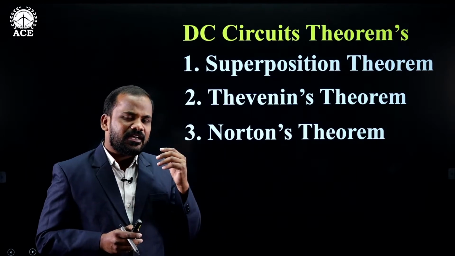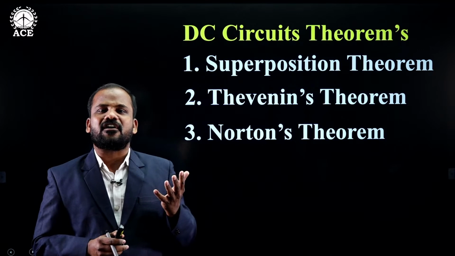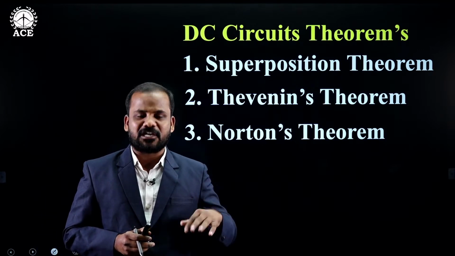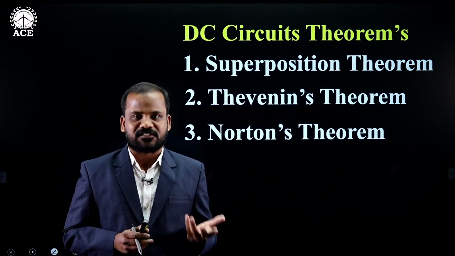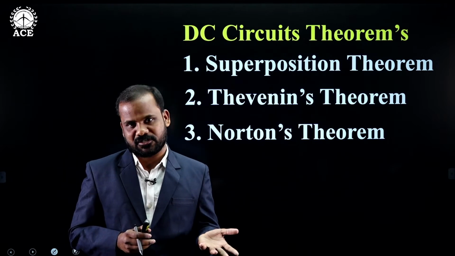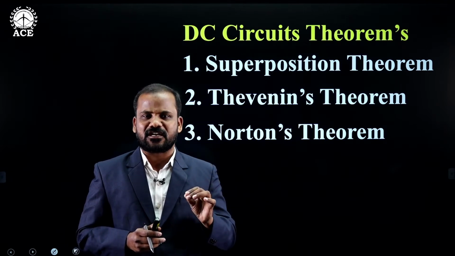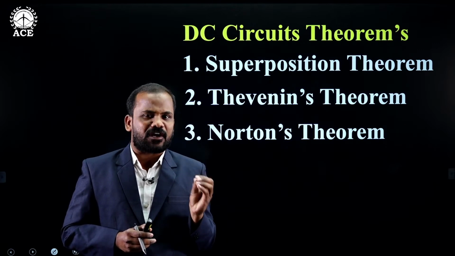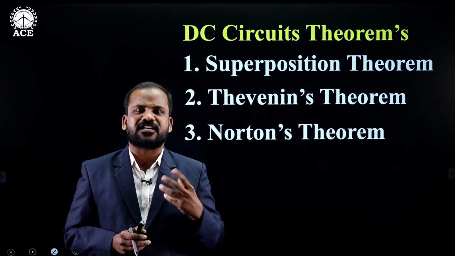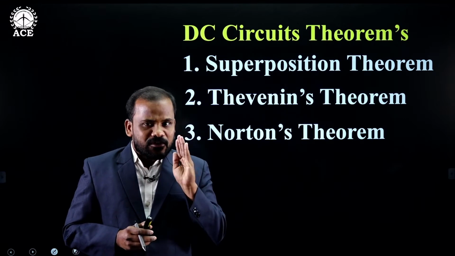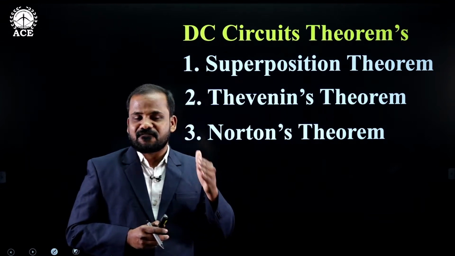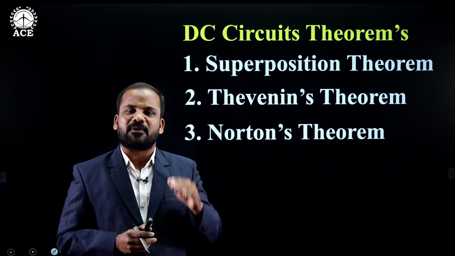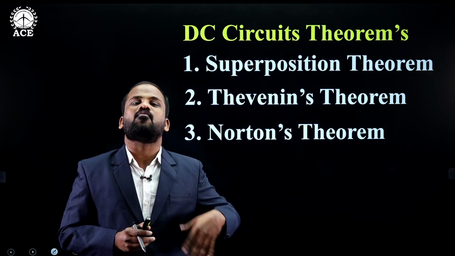But if the network consists of multiple voltage sources, multiple current sources, and multiple resistances, then how do we find the response? Whenever the network consists of more than one voltage source or more than one current source, finding the solution by the normal method will take more time.